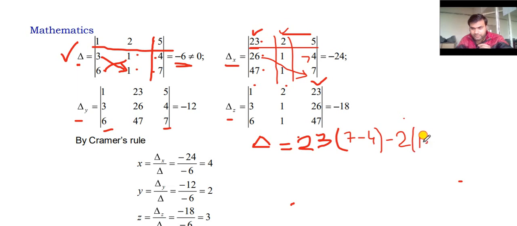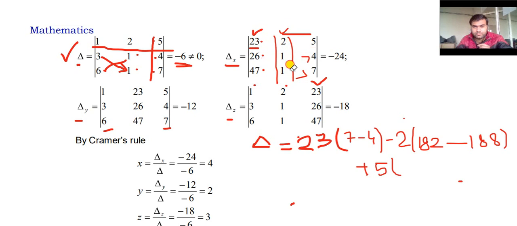So in bracket we write 182 minus 47 into 4. So 47 into 4, that is 188. Okay. Then we have 5, so we write plus 5.